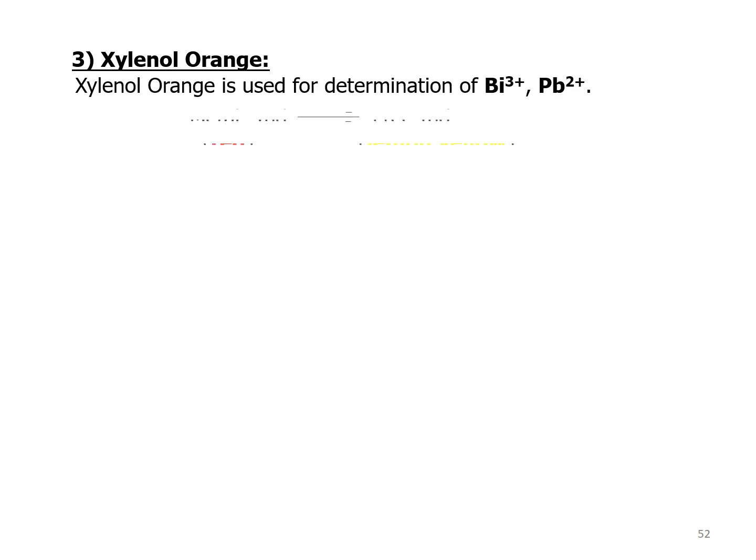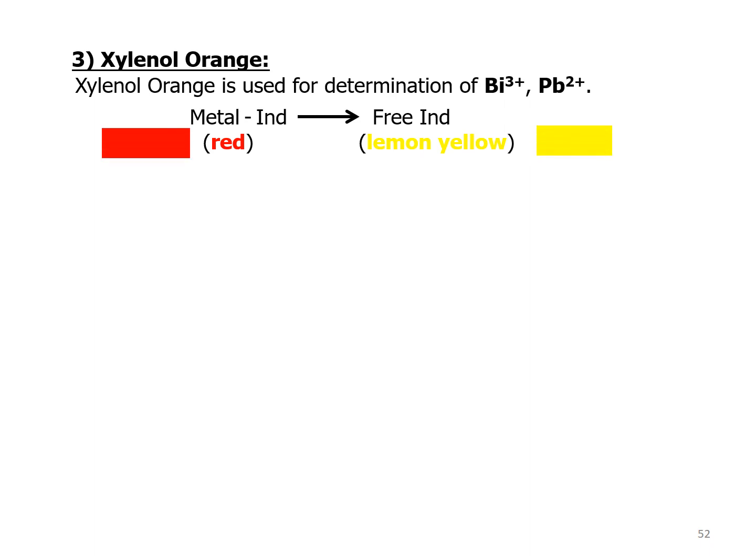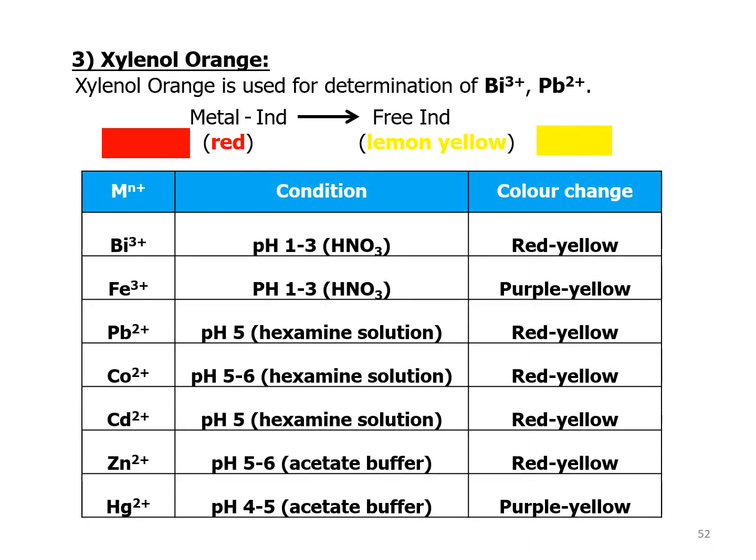Third metallochromic indicator we have is xylenol orange. Xylenol orange is used for determination of bismuth and lead, where the difference in color between the metallized form and the free form, also please memorize that, is usually from red to yellow.